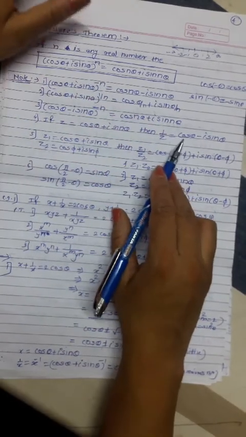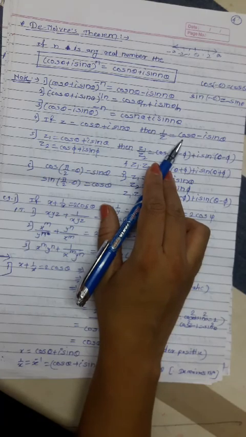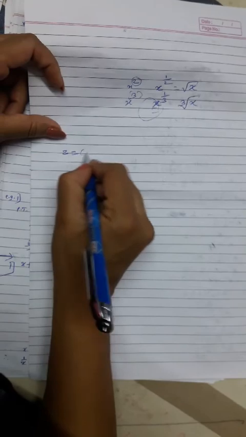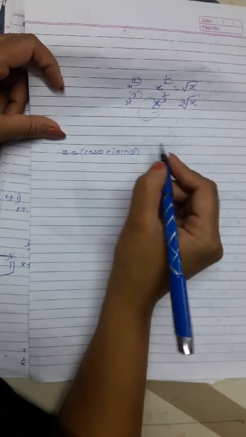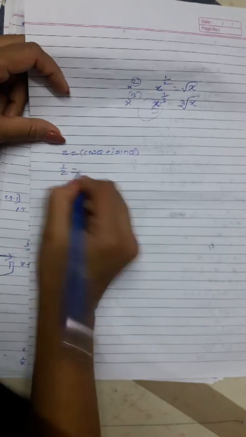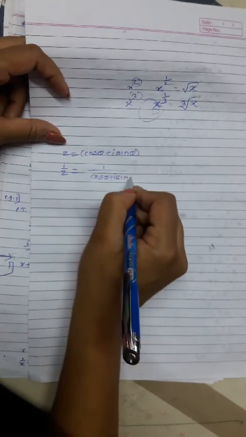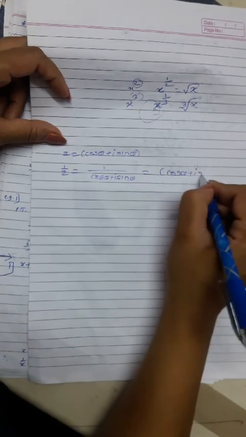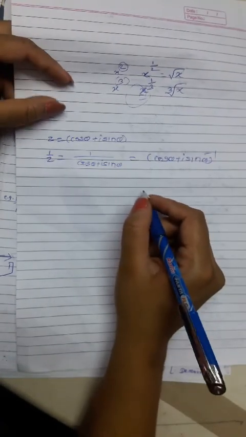Now, how this comes, I will tell you. If z is equal to cos theta plus i sin theta, then 1 upon z becomes 1 upon cos theta plus i sin theta, which is equal to cos theta plus i sin theta raised to the inverse.